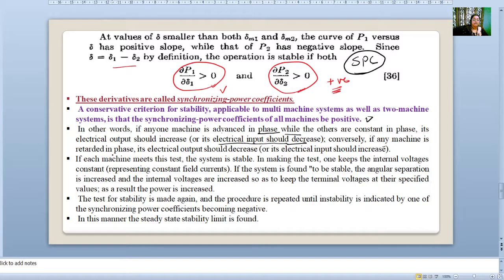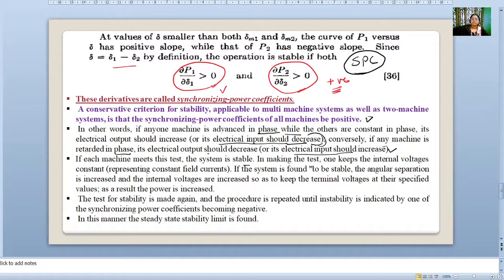If any machine is retarded in phase, its electrical input should increase, or its electrical output should decrease, so that it remains stable. If any machine is retarded in phase, its electrical input should increase, then the machine will be stable. If each machine meets this condition, the system is stable.